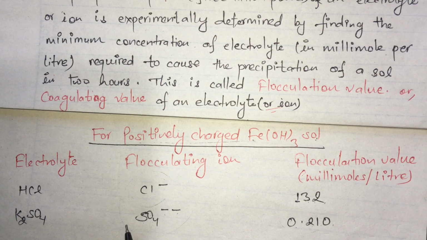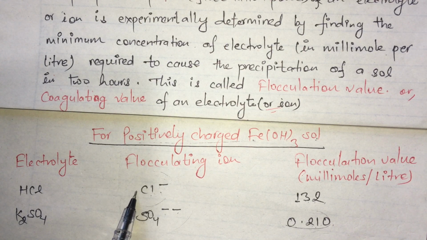So if we compare the flocculation value of chloride and sulfate, sulfate has a low flocculation value as compared to that of chloride. So if we compare the coagulating power of chloride and sulfate, then sulfate can coagulate more than chloride.